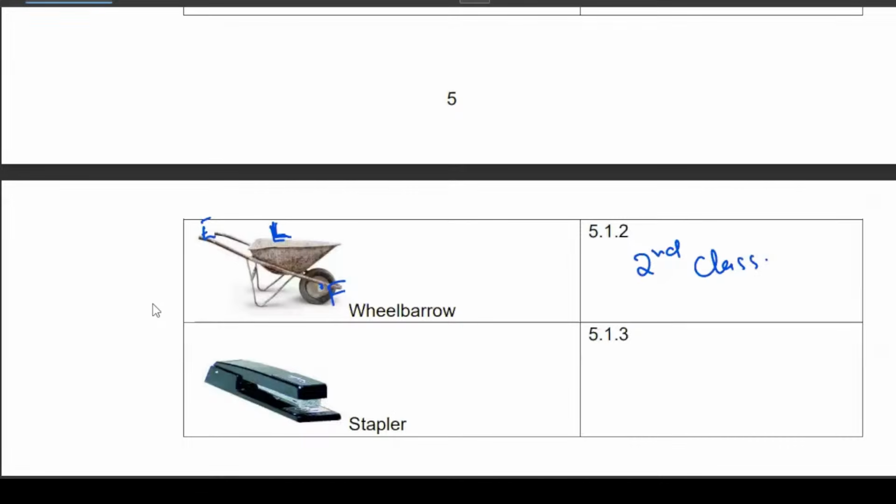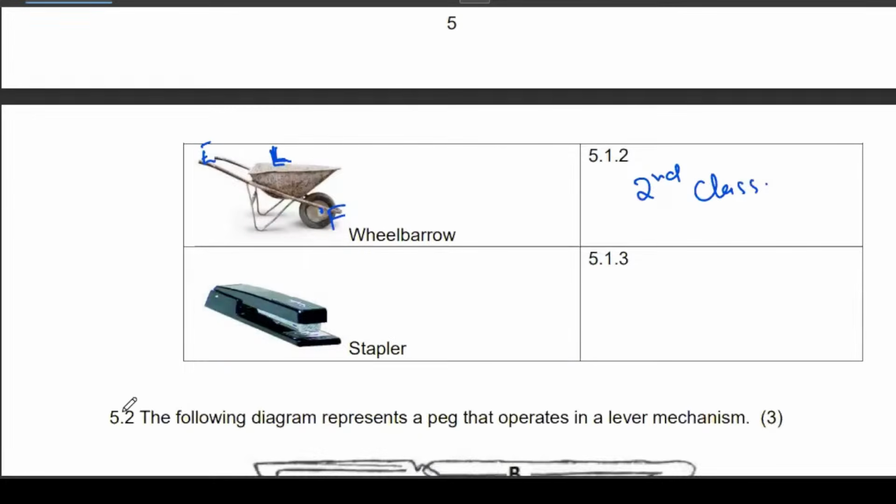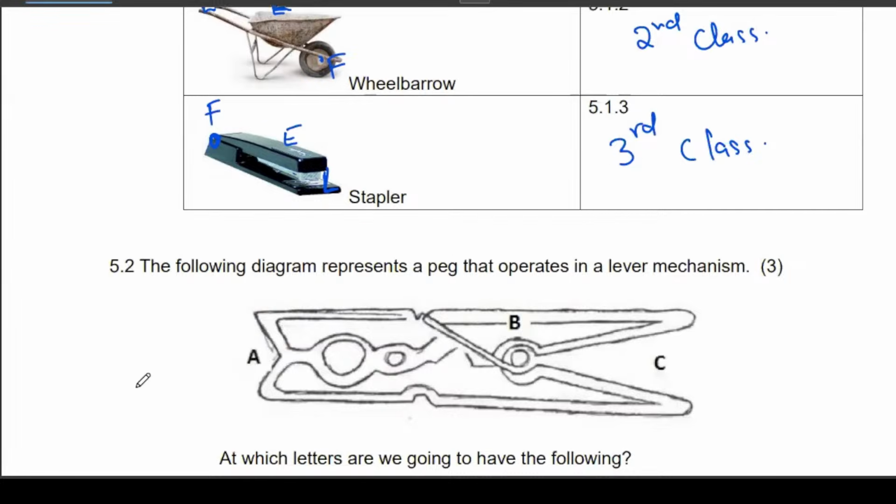And then next we have the stapler. With the stapler, we're seeing that the fulcrum is at the end, okay? The load is going to be at the end also, and then the effort is going to be in the middle. So this becomes a third class lever. All right, then 5.2.